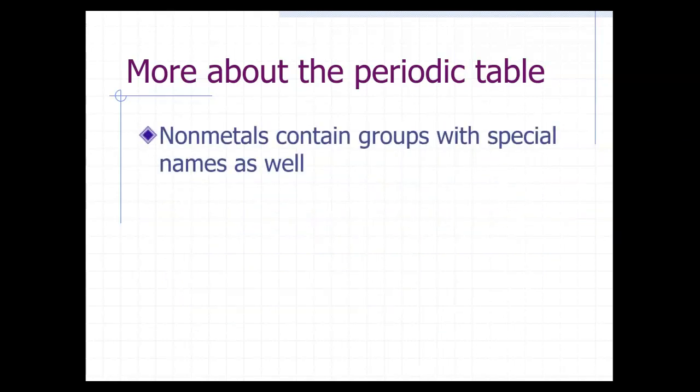There are also some special names for the nonmetals, and there are 2 that you're going to have to learn. Group 17 or 7A, as I prefer to call it, are called the halogens. That would be fluorine, chlorine, bromine, and iodine.